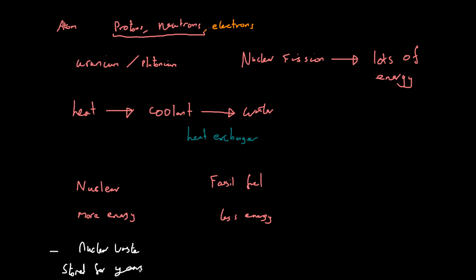And this is difficult and expensive, and a lot of the time we bury this nuclear waste in places which are not inhabited, such as into the sides of mountains and things like that. Whereas fossil fuels do not produce nuclear waste. And so fossil fuels are more convenient in that way. We don't have to get rid of this waste.